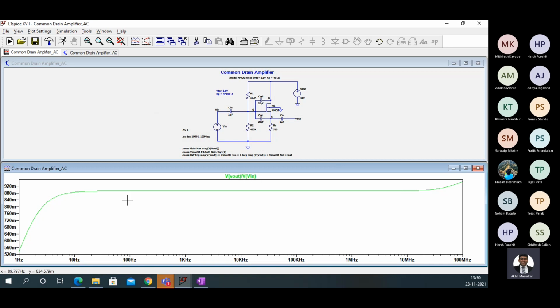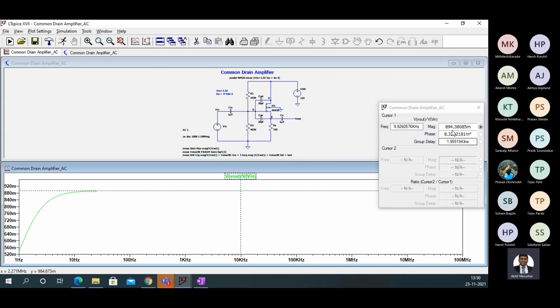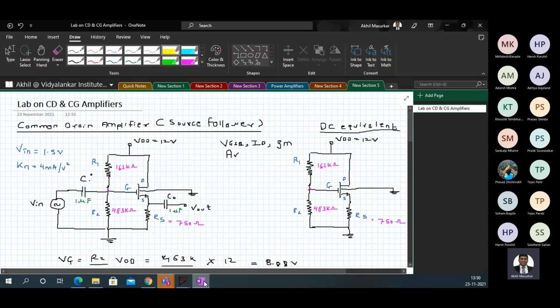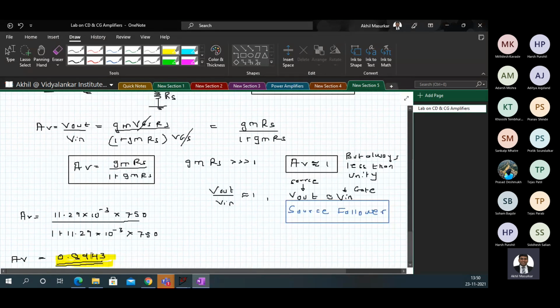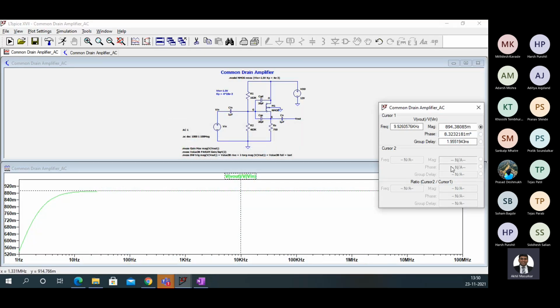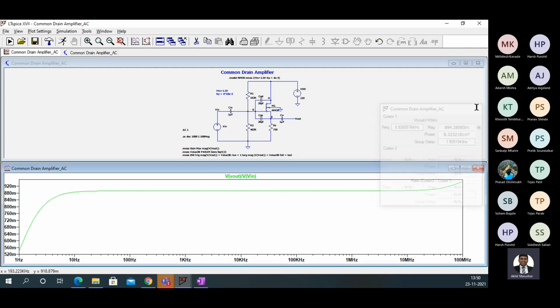That is actually your gain, and now you can see that the volts term is gone because it's a ratio of two voltages. Nevertheless, the value is 0.894, and what we calculated from here is around the same. So 894 milli is the same as 0.894. So our gain is perfect.